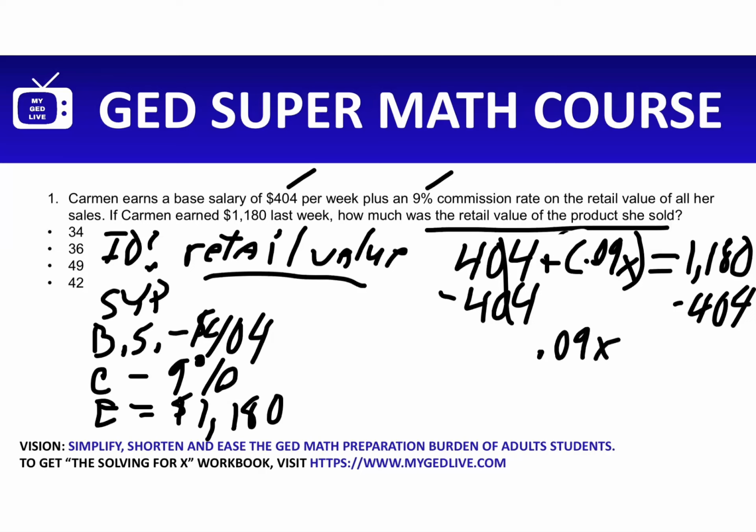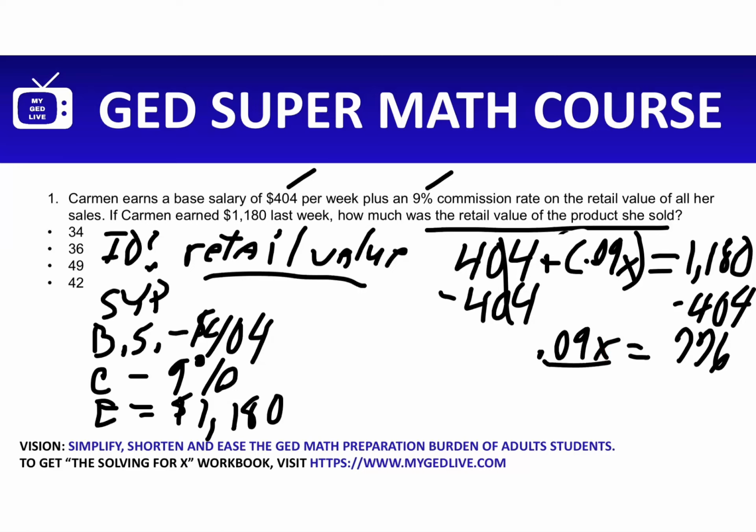And now we're going to have 0.09x. Remember, like I said earlier, what makes this stuff advanced is when you start dealing with decimals and getting a little bit more complex in the thinking. This is a little bit different, but let's keep on moving. So 0.09x equals 1,180 minus 404, which gives us 776. And we see that x is multiplied by 0.09, so we do the opposite of that, divide.